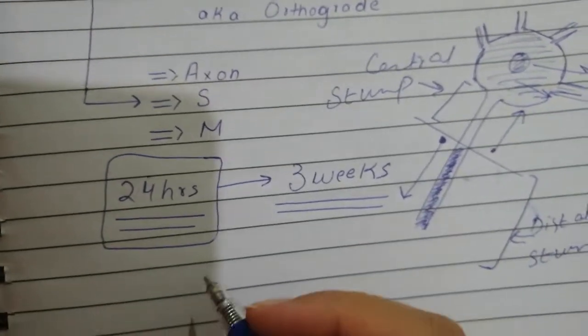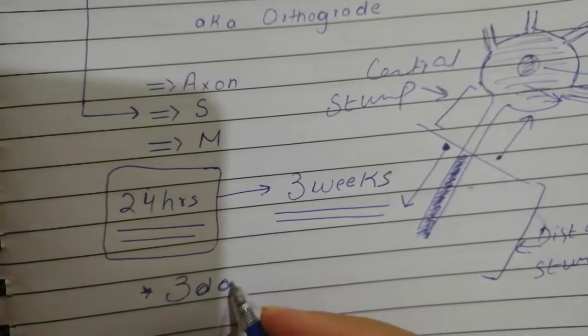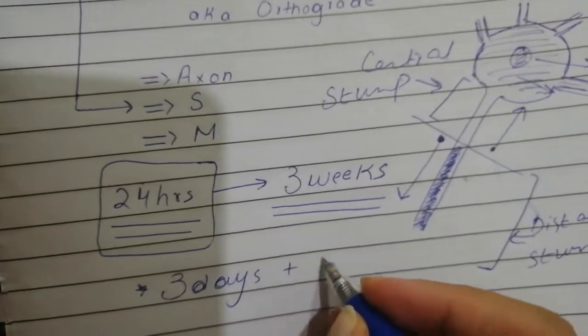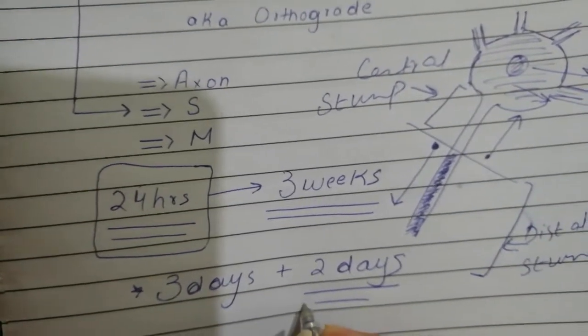The fiber continues to conduct for 3 days and does so for a further 2 days, but for those further 2 days the conduction is extremely poor, so it might as well not be present at all, right?